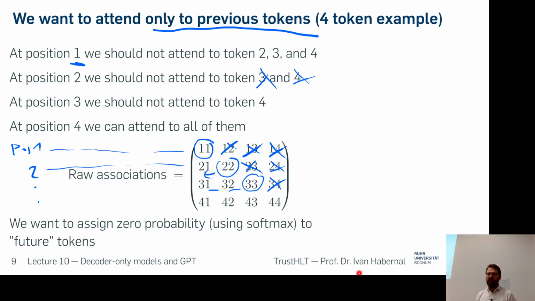So what we really want is that after the softmax in self-attention, we give these things 0 probability by design. They cannot play any role because we cannot learn from them.